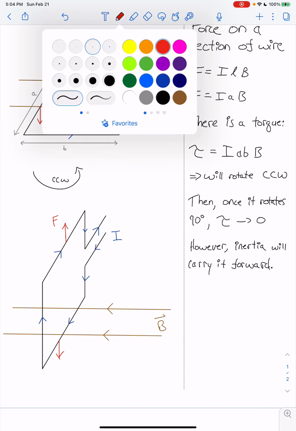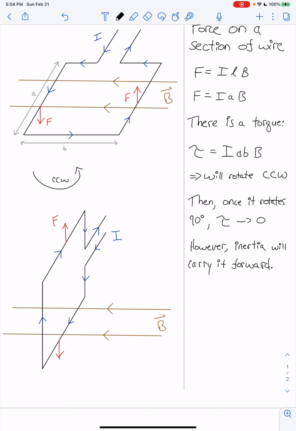So how are we going to solve this if we want it to continue to rotate? Well, inertia will carry it forward. However, if we move a little past that point, then the torque is going to be in the reverse direction, and that's going to lead it to stop.